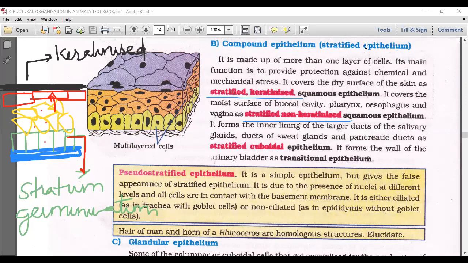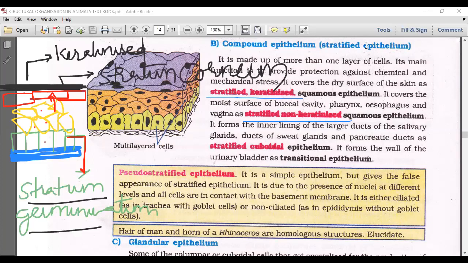That layer is called the stratum corneum. There is no need to remember the names by heart, that this layer is germinativum and this layer is corneum. But if you remember this order, it will be easy for us to remember the whole topic. So I'll draw it for you on the whiteboard again.